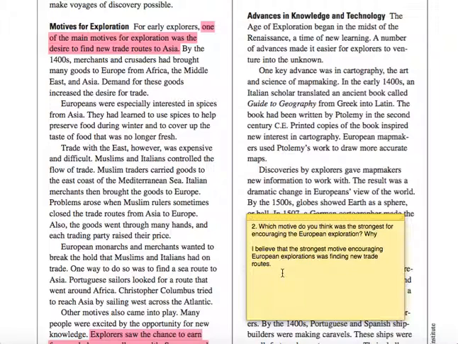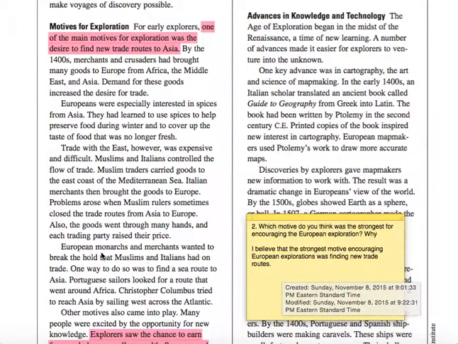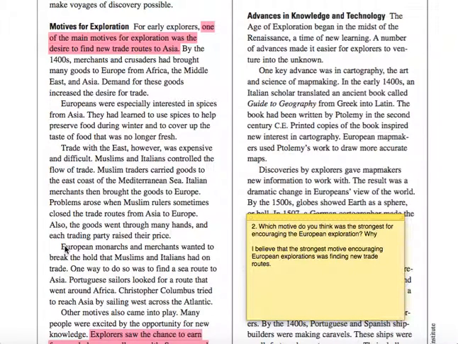So now what I need to do is take all of those thoughts that I had and put them into a sentence citing my evidence here.